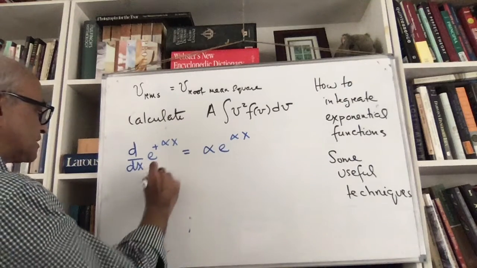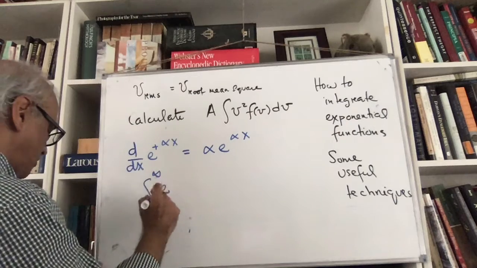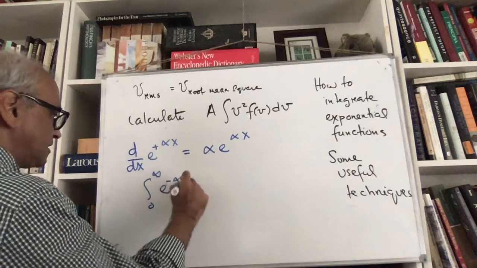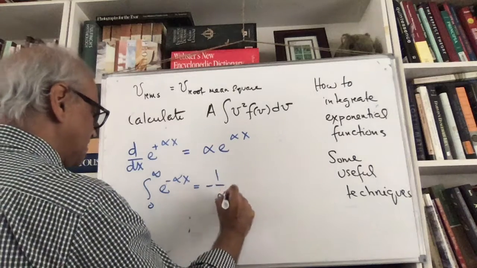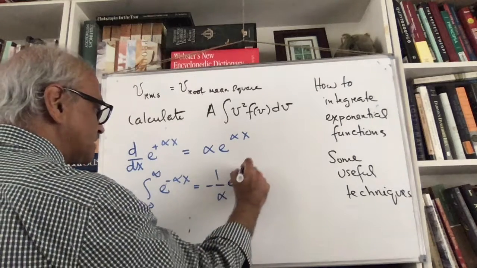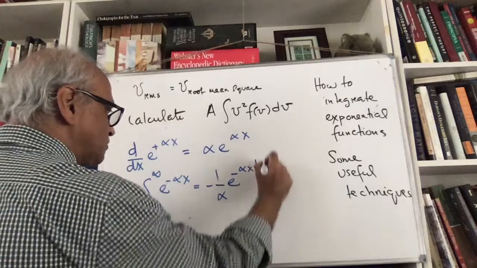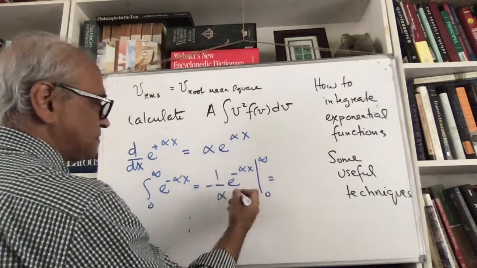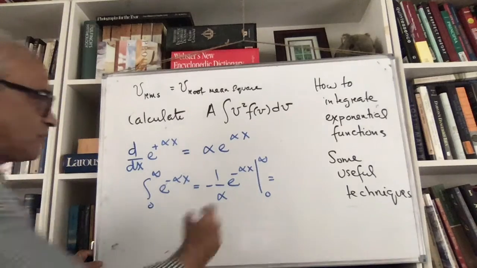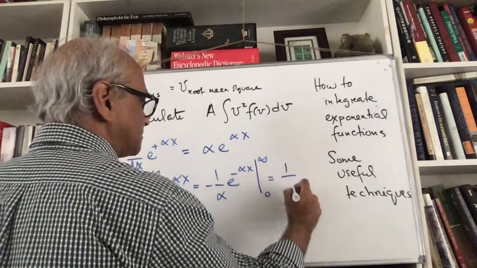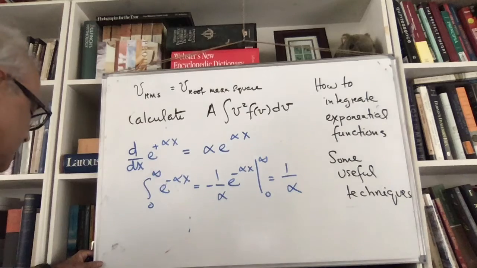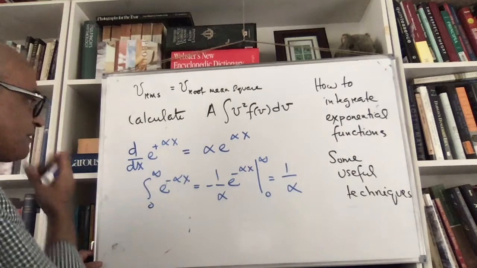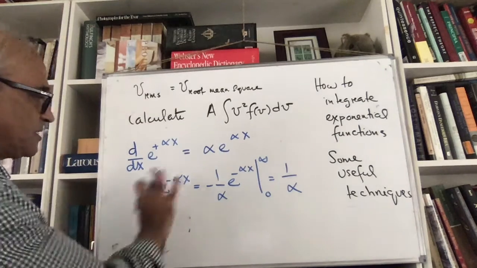If I take the integration of it, e to the power, for example, minus alpha x, what I get is minus 1 over alpha e to the power minus alpha x, going from 0 to infinity. And the first one is 0, and the second one would be just plus 1. So it is 1 over alpha, right? Keep this in mind.